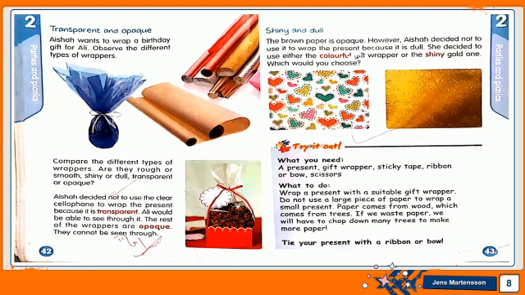Paper comes from wood, which comes from trees. If we waste paper, we will have to chop down many trees to make more paper. So we should not waste anything. Now tie your present with a ribbon or bow.